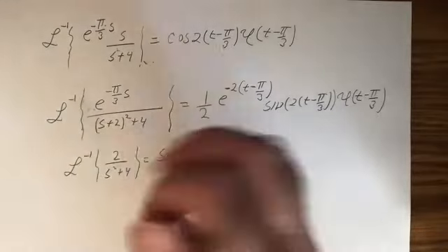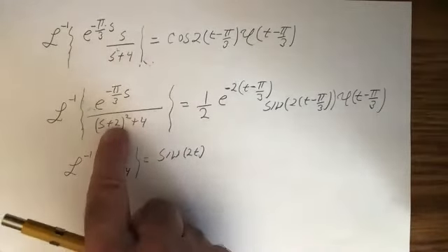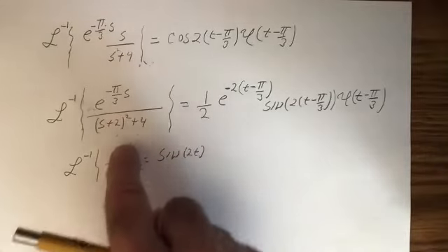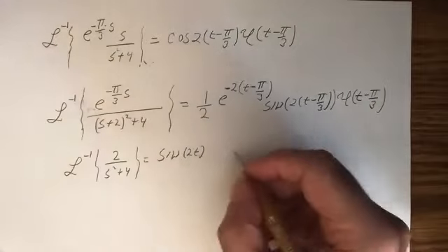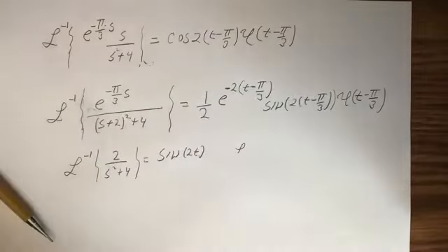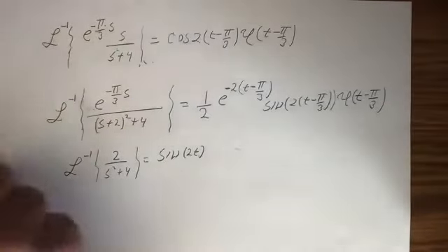Now, I have that here, right? But I also have this as being shifted, and I don't have the 2 here, right? So in other words, I could say that this is 1/2. This is the way I kind of worked it out in my notes.